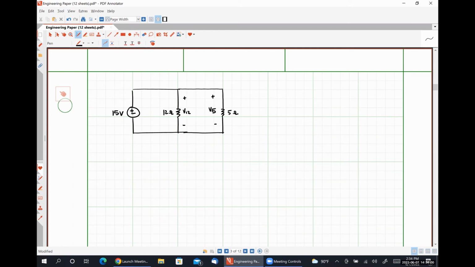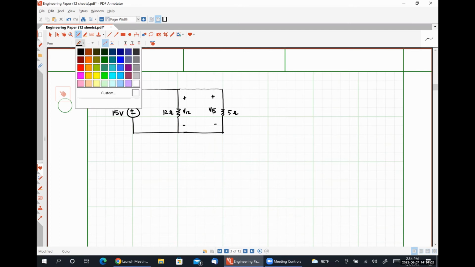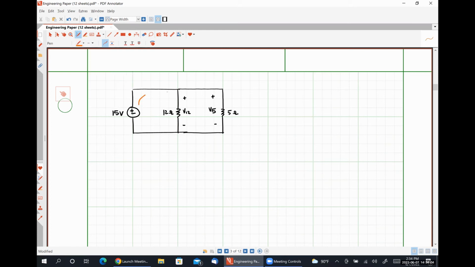Okay. So if we apply Kirchhoff's voltage law around this loop, what we'll find is that negative 15 volts plus V12 is equal to 0, which means V12 has to be equal to 15 volts.